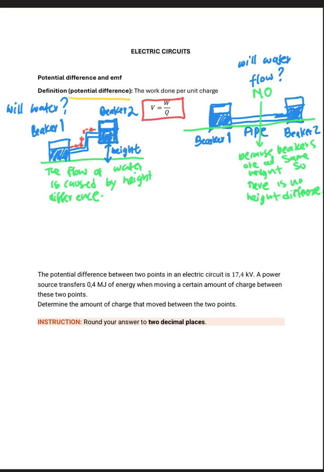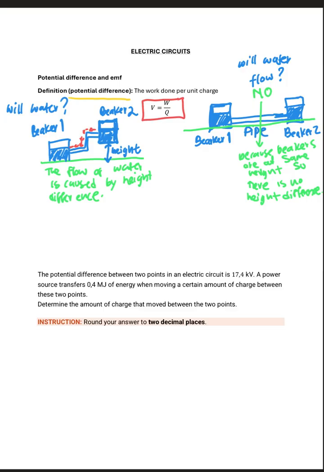In the first situation, there is no height difference, that's why the water in the pipe is not flowing. But once we lift the other beaker, we create a height difference between the two beakers, and because there is a height difference, the water will flow from the beaker that is higher to the beaker that is lower.